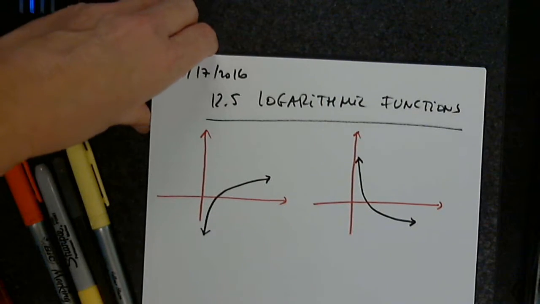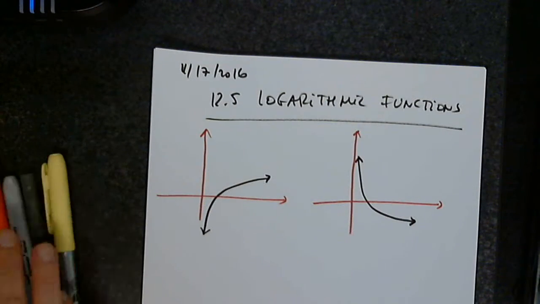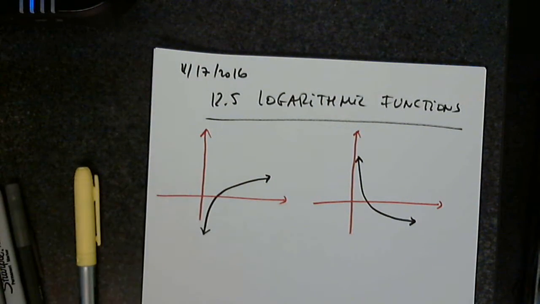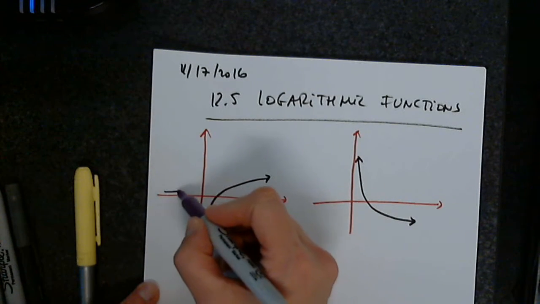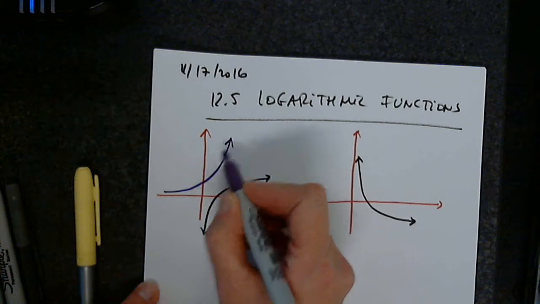Now let's analyze this before we look at the graphs. We graphed them last time, but we have a few things to talk about here. I will also graph the exponential function just as a reminder because I'm going to ask you a couple of questions about the exponential function.